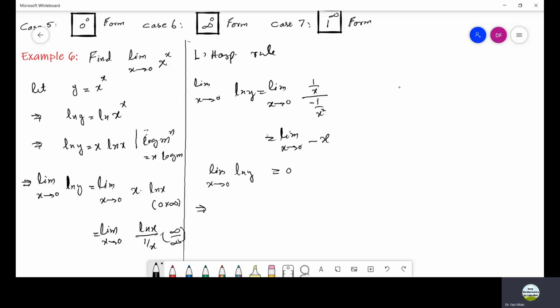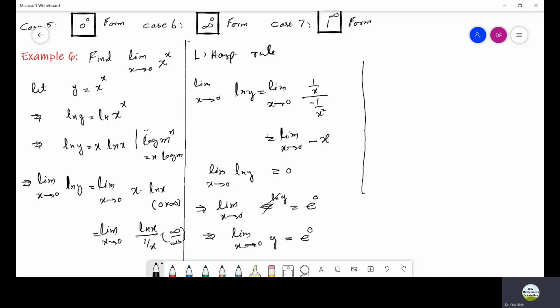In the next step, we write it as limit x approaches to 0, e power ln y is equal to e power 0. Now ln and e will cancel. So we have limit x approaches to 0, y is equal to e power 0.